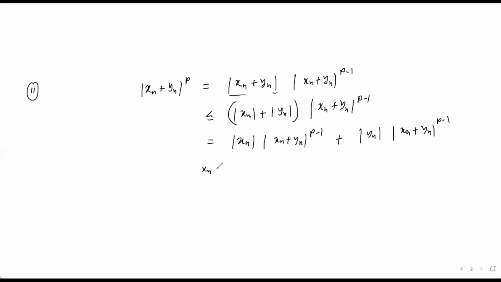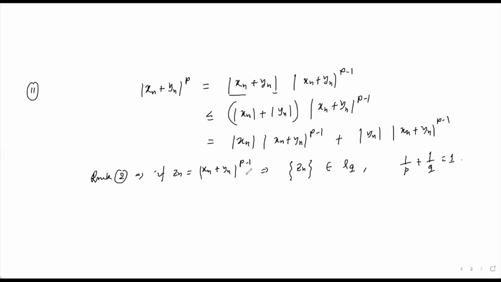Let's say this is equal to z_n. Remark 2 implies that if z_n is equal to this, then the sequence z_n belongs to l^q, where q is a positive real number determined by the equation 1/p plus 1/q equals 1.